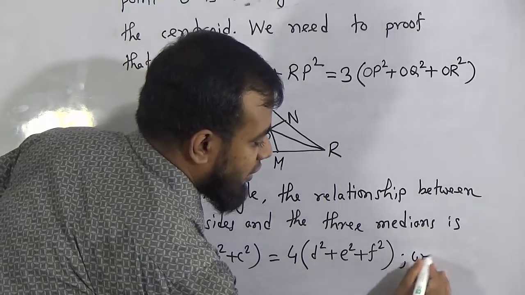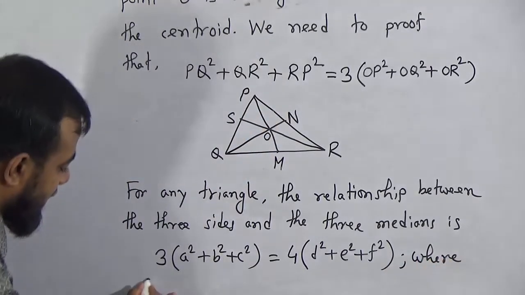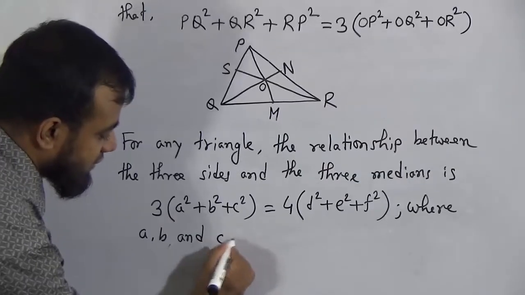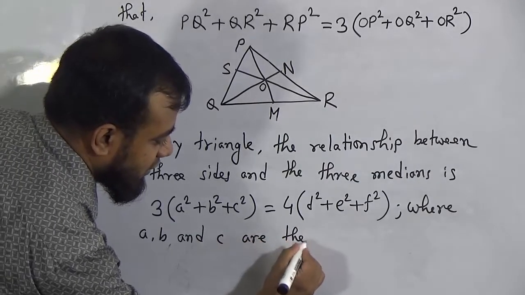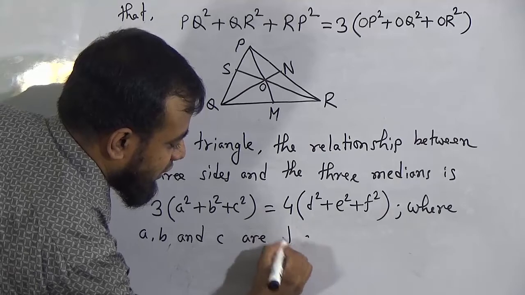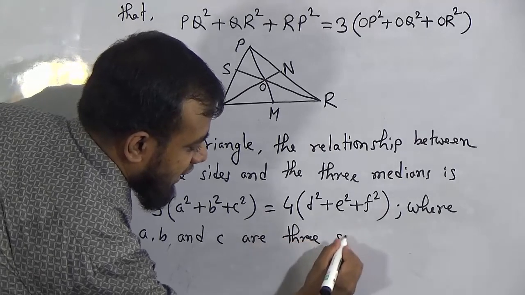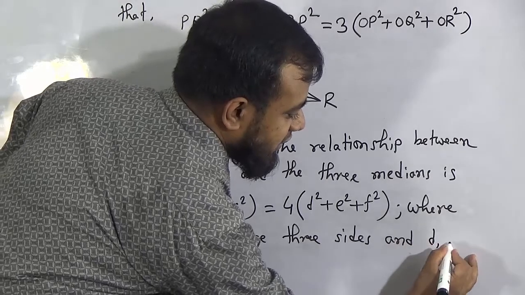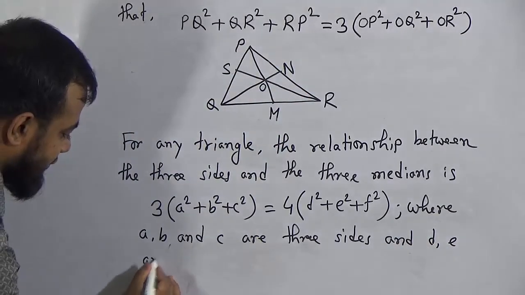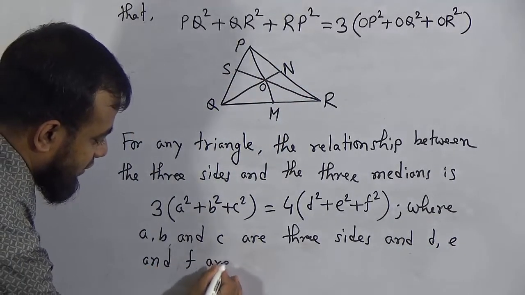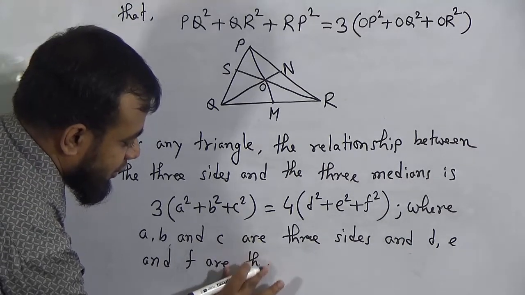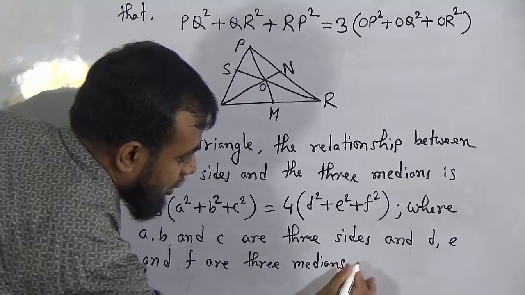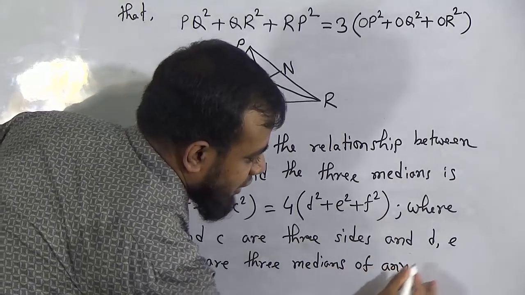Write it down, where a, b and c are 3 sides and d, e and f are three medians of any triangle.